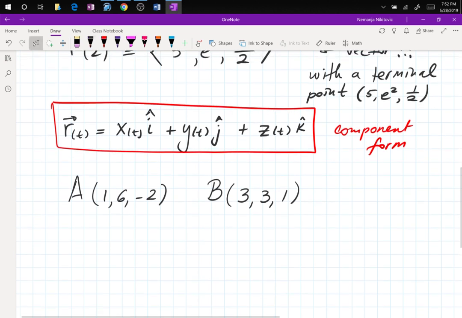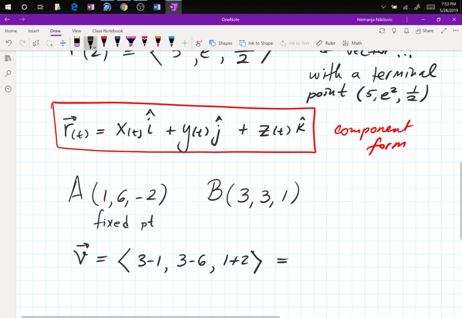And we can use what we learned last class to come up with the equation. So if we put this point to be the fixed point, we will calculate our vector v, which is our third-dimensional slope, as 3 minus 1, 3 minus 6, and 1 plus 2, which would give us a vector 2, -3, 3.